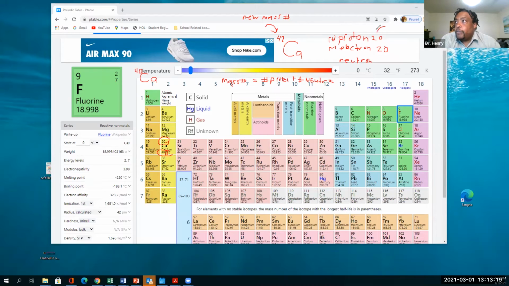This here is the number of protons. So can I calculate my number of neutrons? Anybody can talk. Don't be shy. Megan.